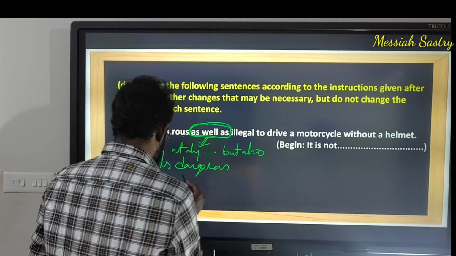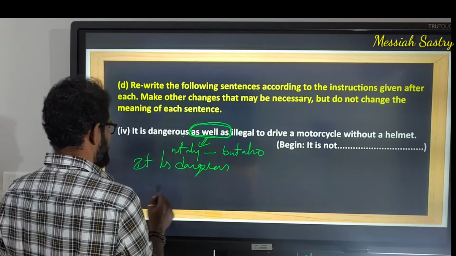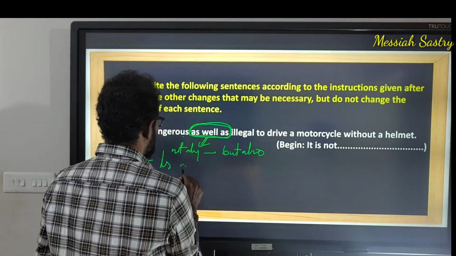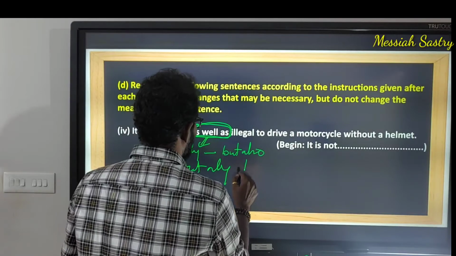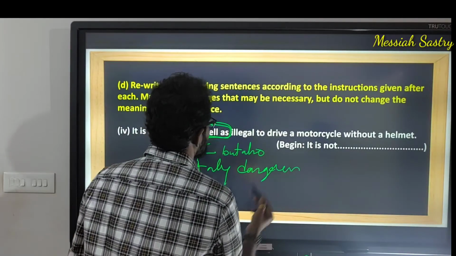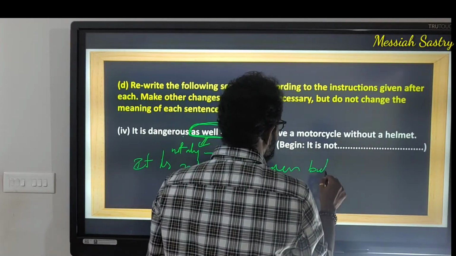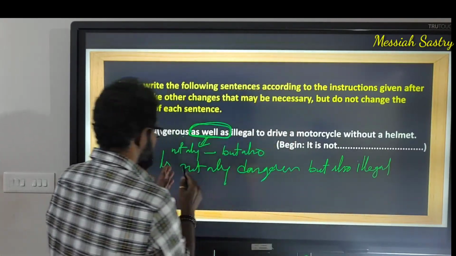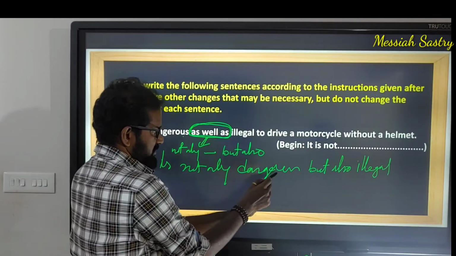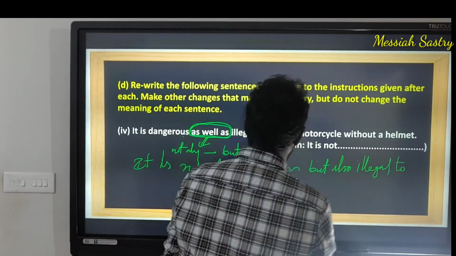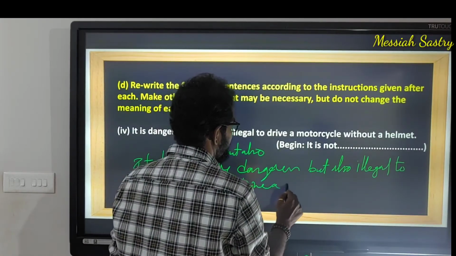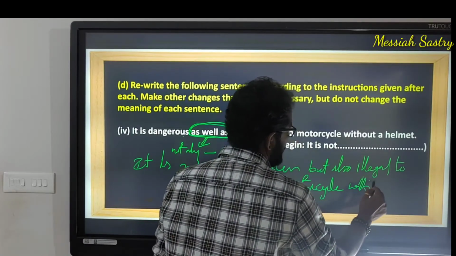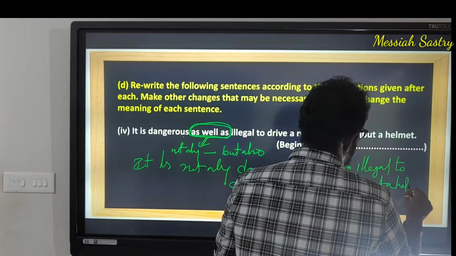Then the right answer: it is not only dangerous but also illegal to drive a motorcycle without a helmet.